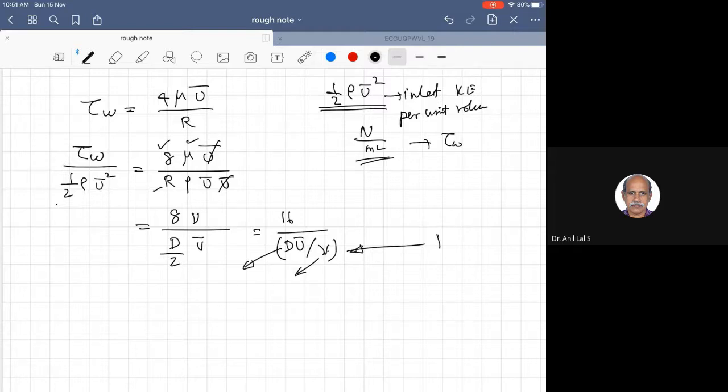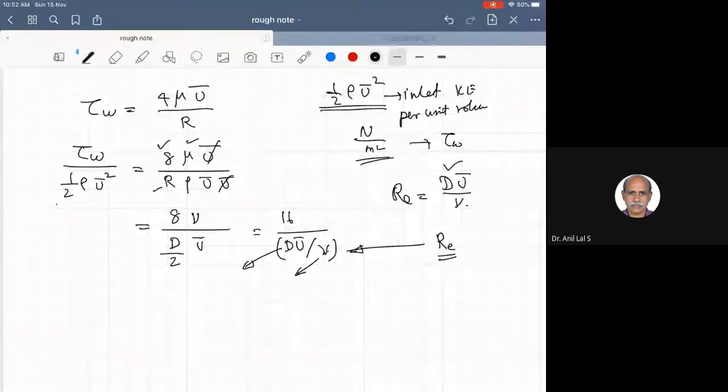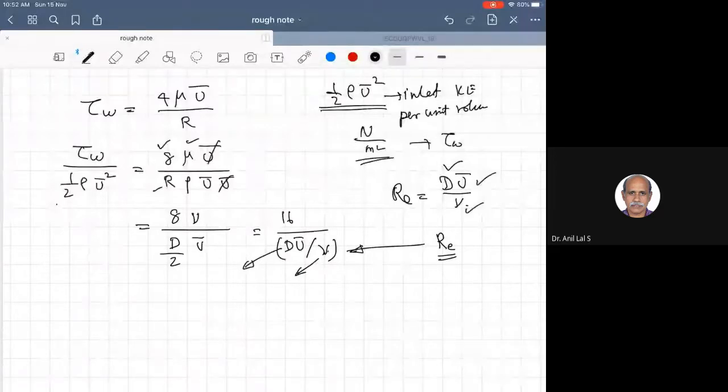So this is popularly called the Reynolds number. So what is Reynolds number? We define it as D u bar by nu. We use the diameter of the pipe as the characteristic dimension, the average velocity as the characteristic velocity, and the kinematic viscosity. So that gives the dimensionless group, which is equal to Reynolds number.